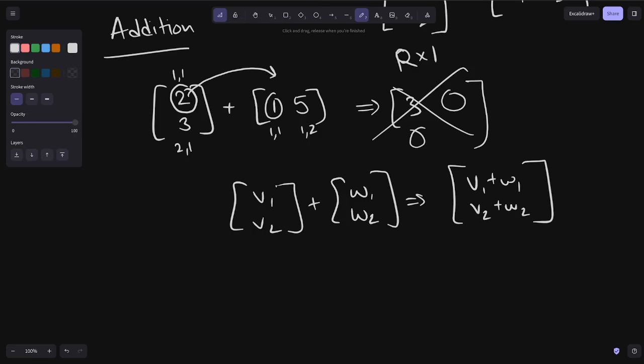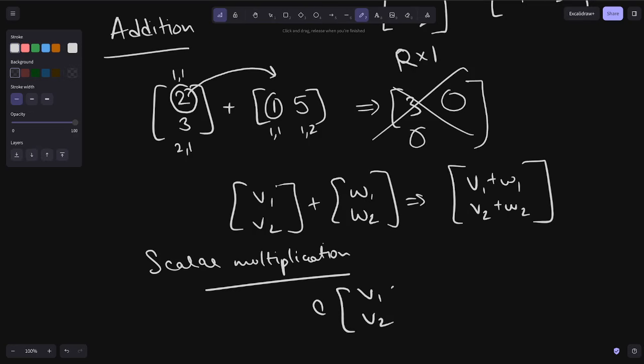Now we'll talk about scalar multiplication. Scalar multiplication is nothing but multiplying a scalar value with the vector. So let's say v1, v2. Logically, this is very simple. Just multiply it with every term. So c v1, c v2. This is very logical.